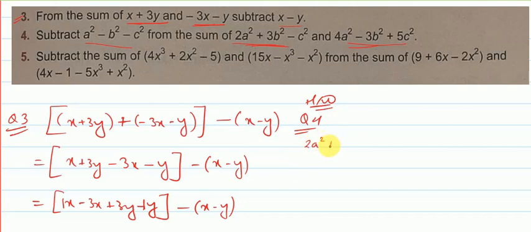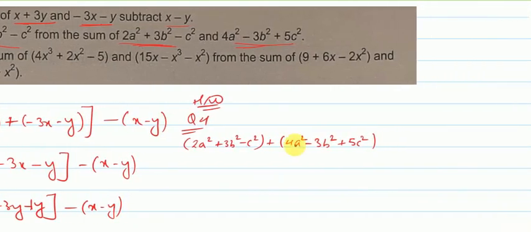So we'll write 2a square plus 3b square minus c square, plus 4a square minus 3b square plus 5c square. So we have to add these two, yes or no?